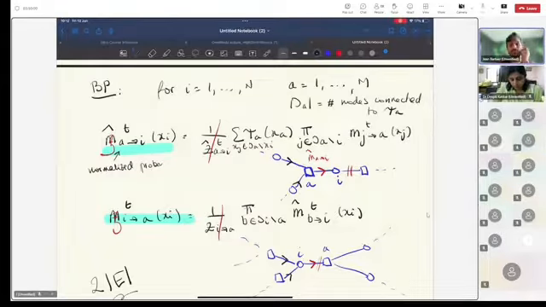So performing these sums is possible, okay? Again, this is okay, because doing sums like this numerically is fine.